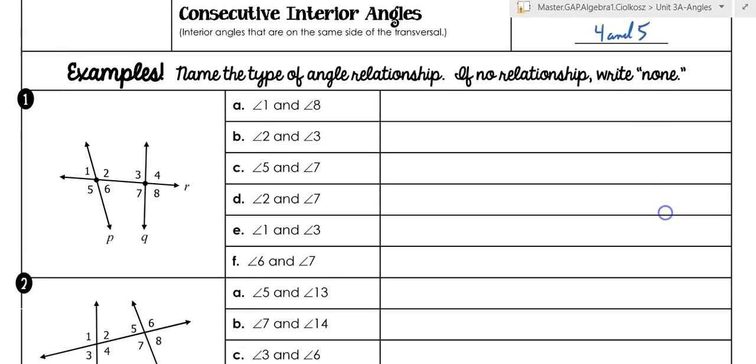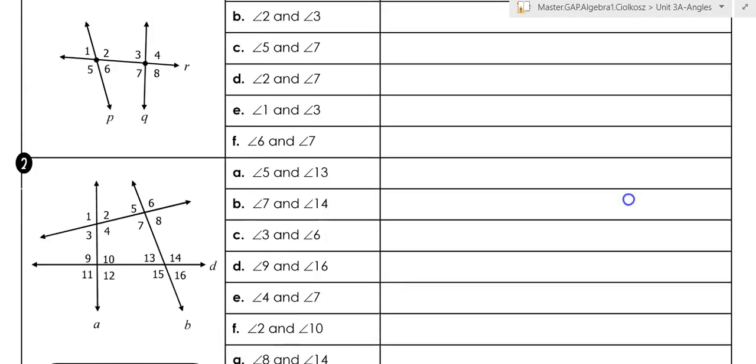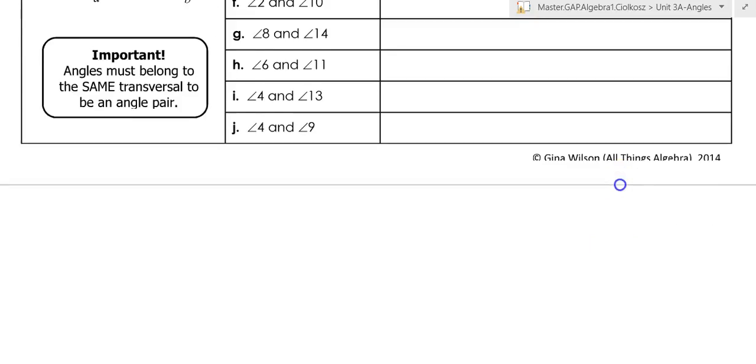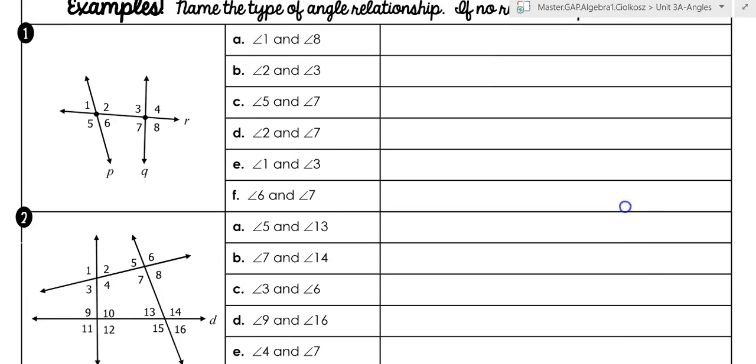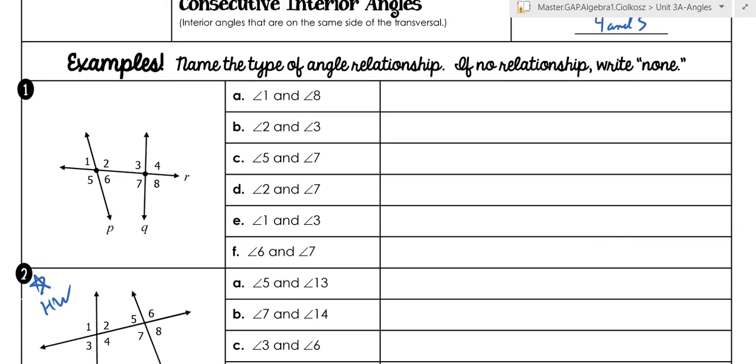Okay, so we're going to do one of these together, and then you will work through the next one. So we'll do number 1. You work on number 2 for homework. Okay, so we have an option, no relationship, but let's see what we can do. 1 and 8.